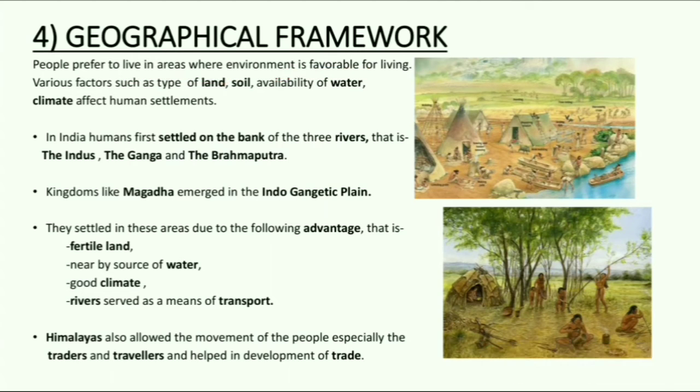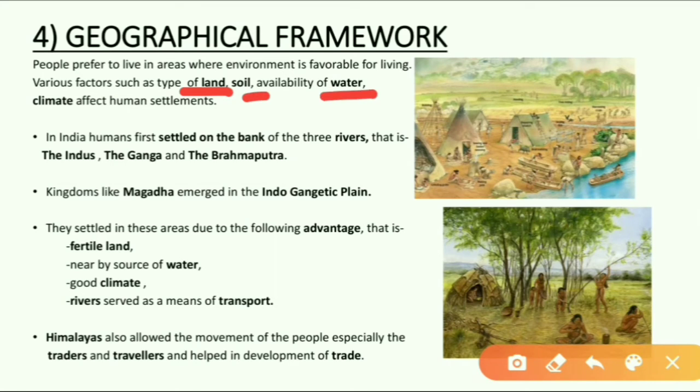Various factors such as type of land, soil, water, and climate affect human settlement, which means wherever they found all these resources, people used to settle there.